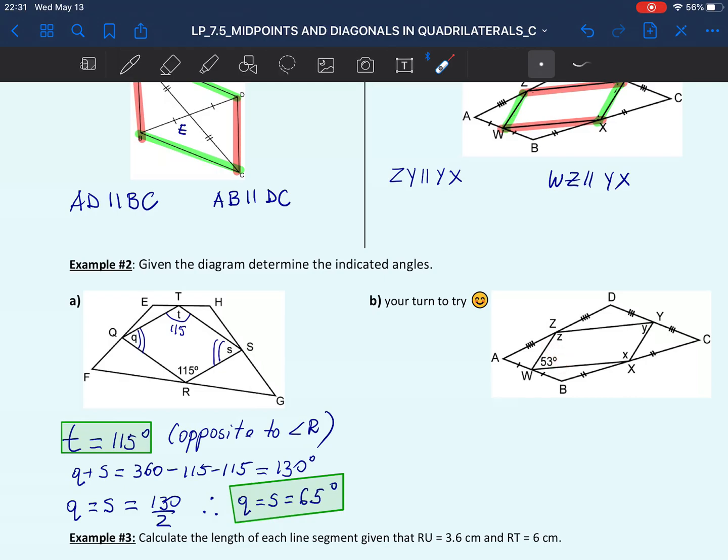Since angle W is given as 53 degrees, then we'll say that angle Y, which is opposite to W, must also be 53 degrees. So we'll say that Y equals W equals 53 degrees. They're opposite angles in a parallelogram.